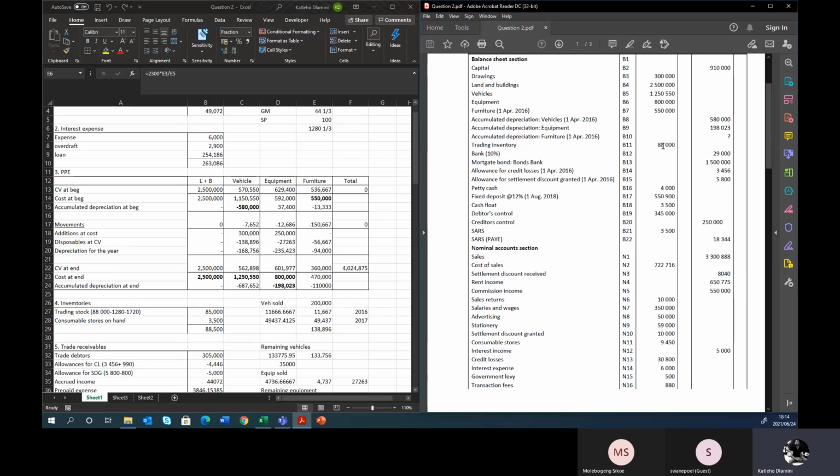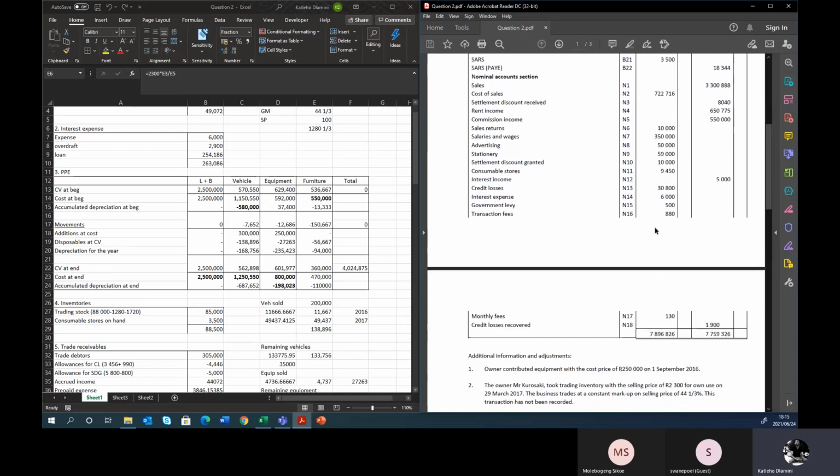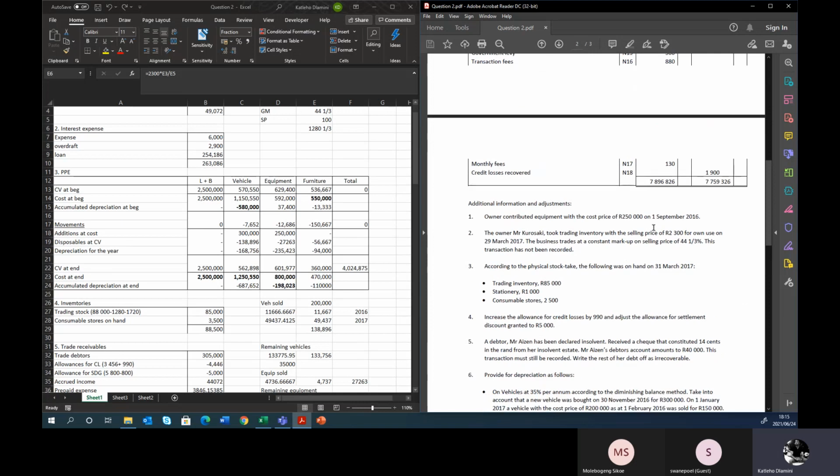So you always know how much inventory you have on paper. So this is the system telling you you have 88,000 worth of inventory on your paper. However, you walk around, you physically do a stock take and you find that instead you have 85,000, okay?